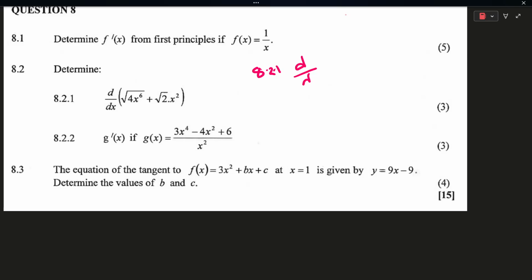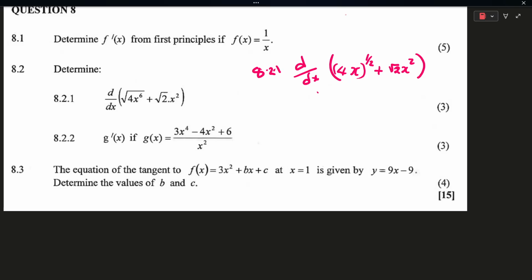It will be d over dx of, let's change this, it's going to be 4x in brackets to the power of 1 over 2, plus the square root of 2x, squared. That is what we're having.